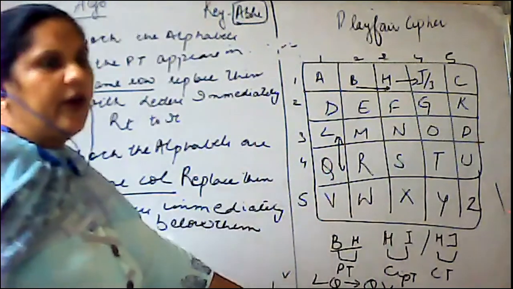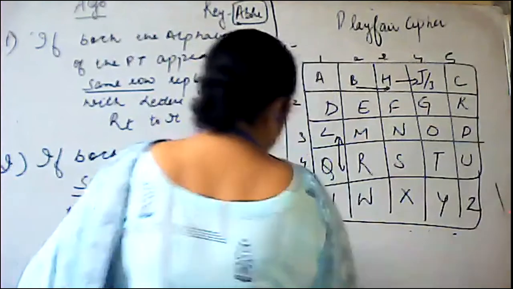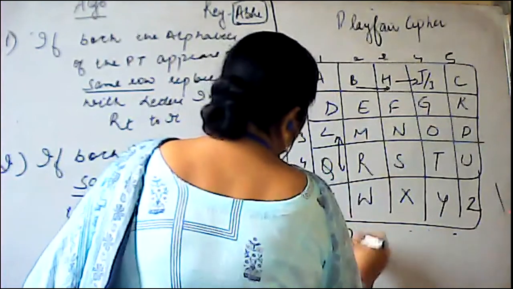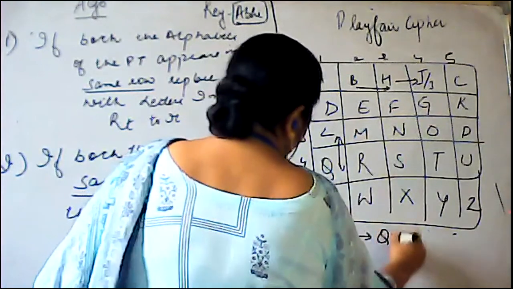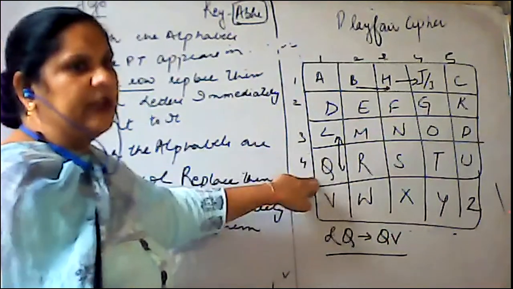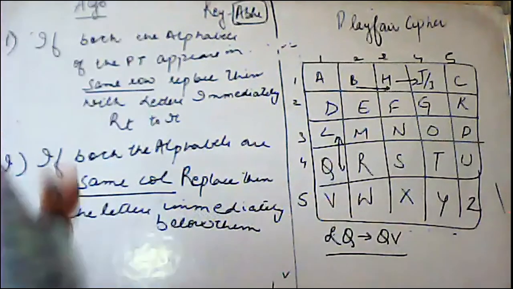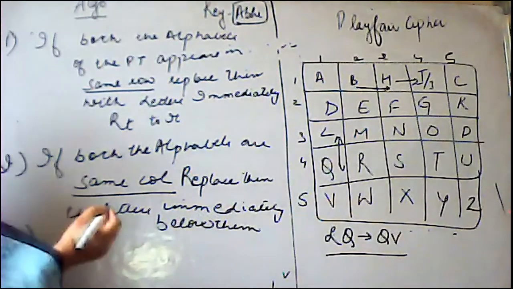So for plain text LQ, you have QV, because the letter immediately below L is Q and below Q it is V. So we will replace them. Okay. Rule number 3.